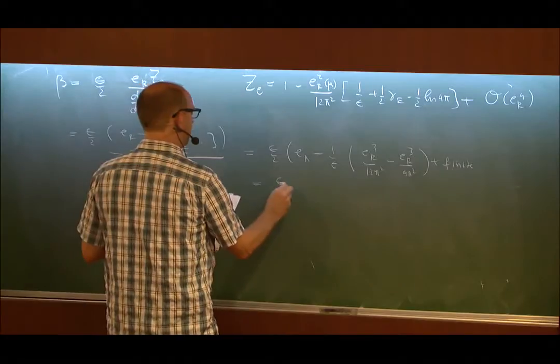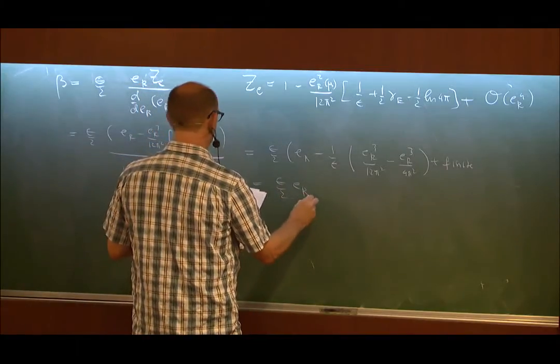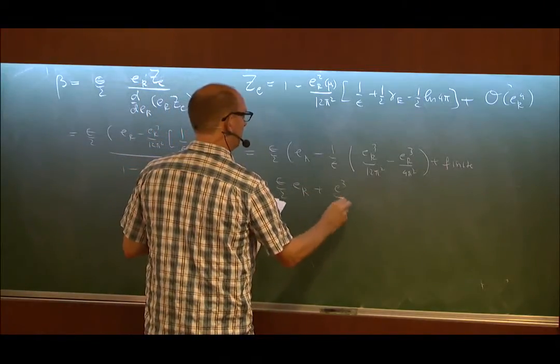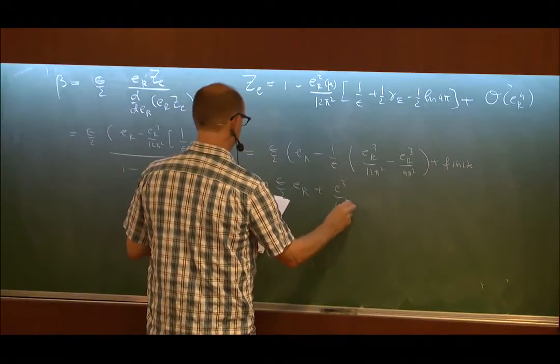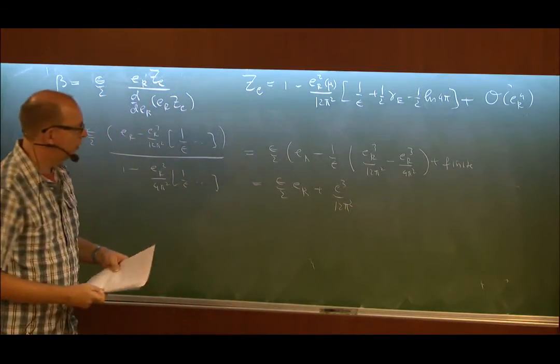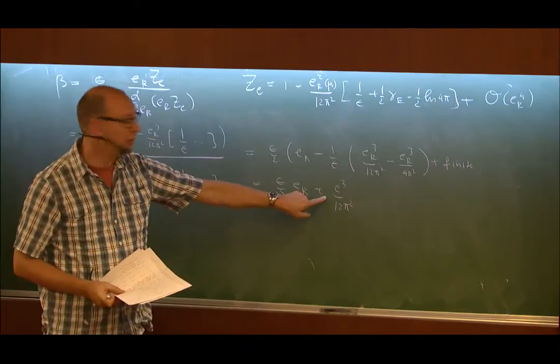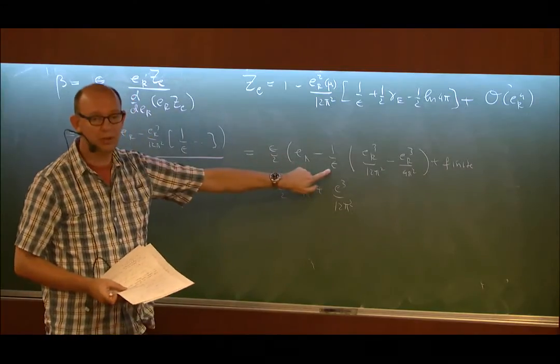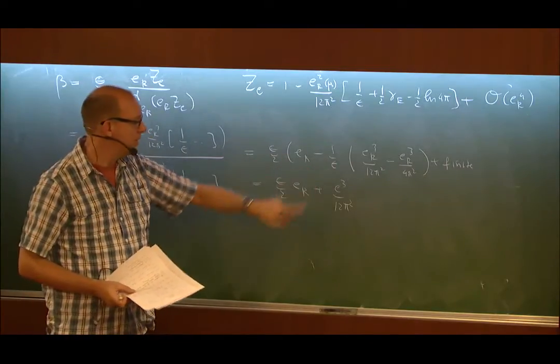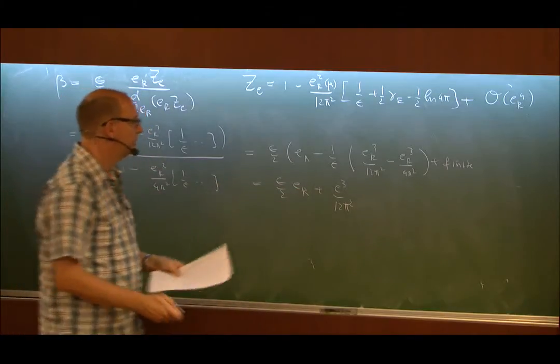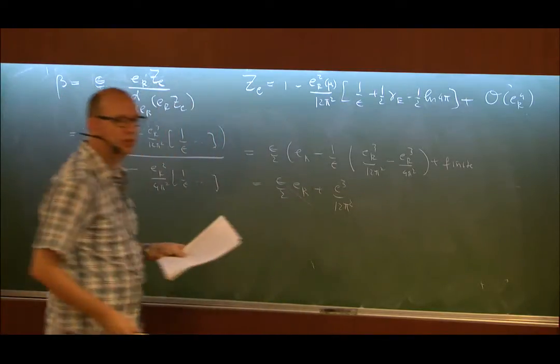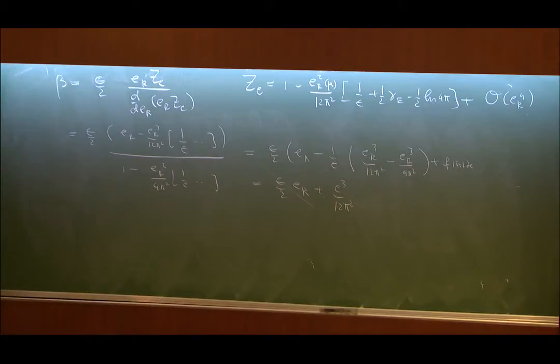And this is epsilon over 2 e_R plus e cubed over 12 pi squared. Notice that this now occurs finite. This epsilon cancels out 1 over epsilon, and I get a finite term. So we can also drop this, this is a high power of epsilon. We go back to 4 dimensions.